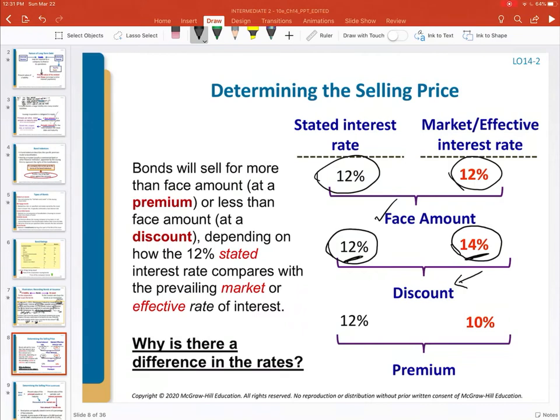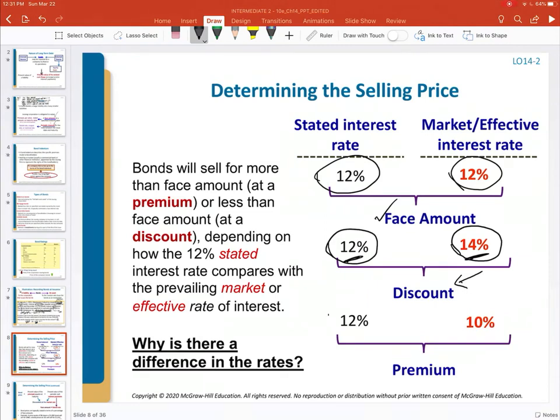Everybody else out in the market in comparison to us is offering 14%. What investor in their right mind would invest in our bonds when they can go out in the market and get on average 14% and we're only offering 12%? What we have to do is offer those investors a discounted price. So on day one, we would not receive $700,000 in cash. We are going to receive less than that.